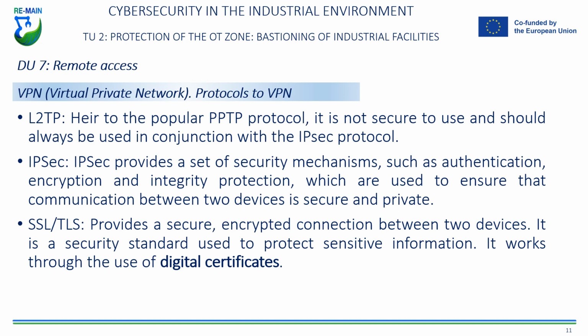It should always be used together with the IPSEC protocol to provide a layer of confidentiality, authenticity and integrity to the transmitted data. This protocol uses the PPP protocol to make the connection, defines its own tunnel establishment protocol and includes the same authentication mechanisms as PPP.